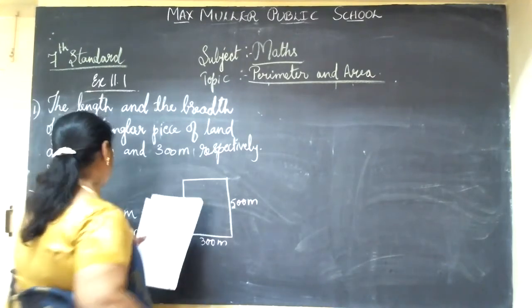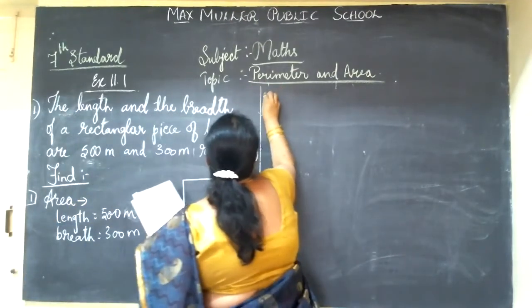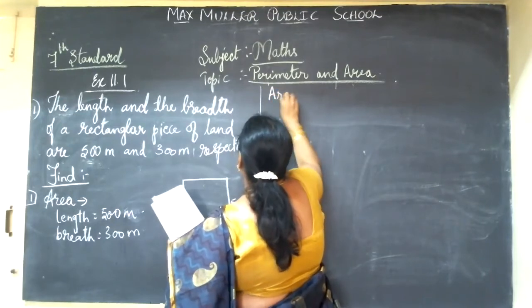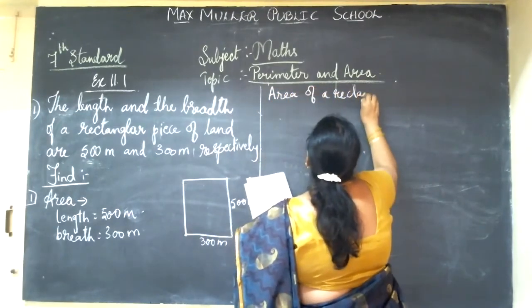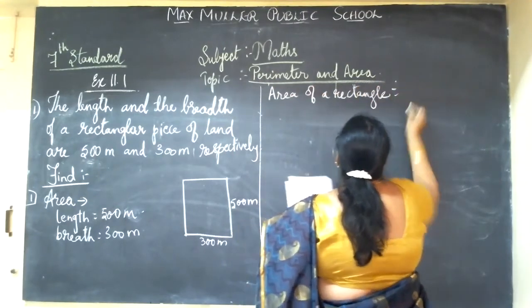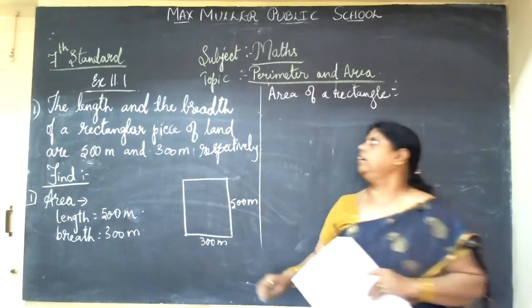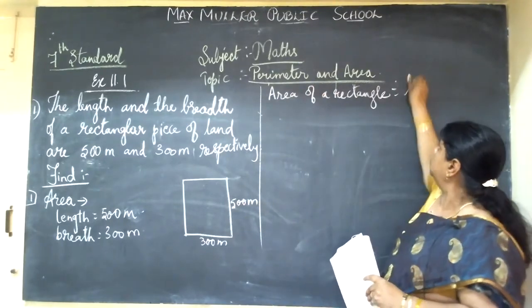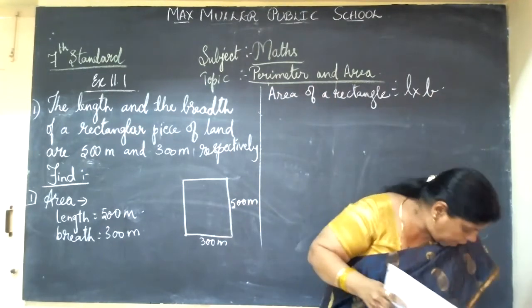Right? So write the formula now. Area of a rectangle is equal to L into B, that is length into breadth.